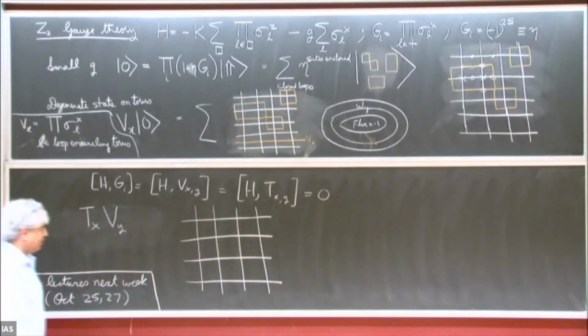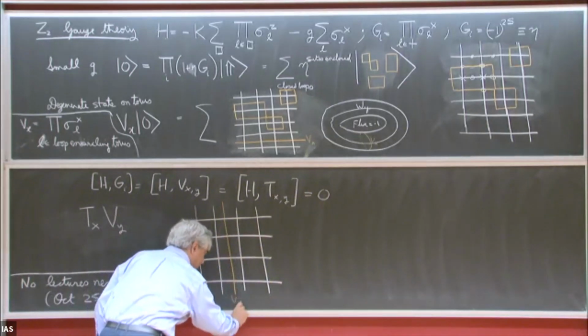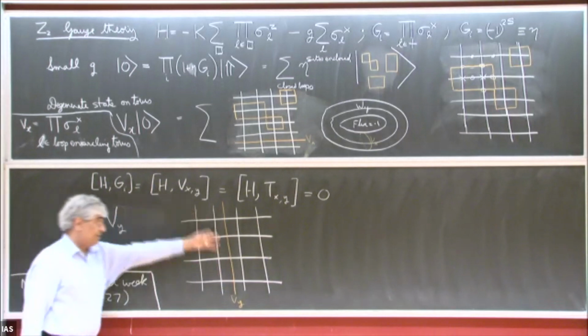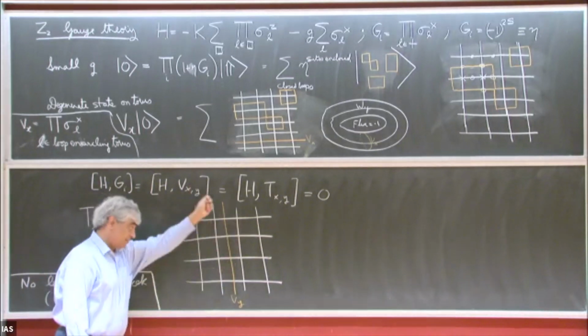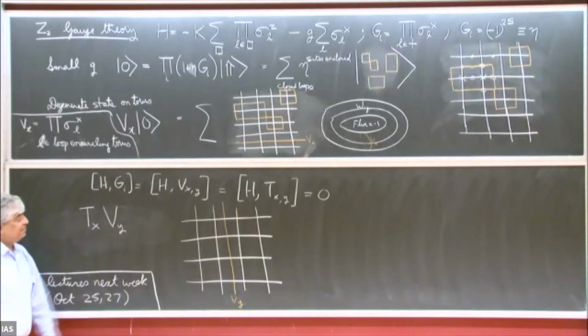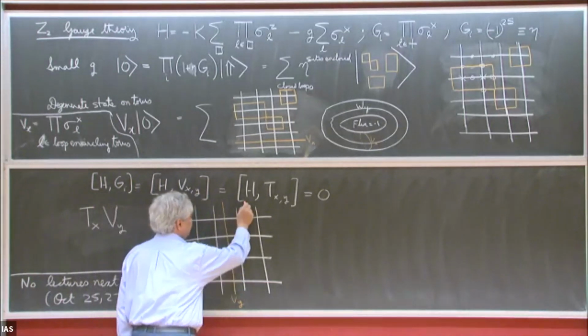And let me just take a straight line. This is my Vy. And I'm going to translate it. So this is the state I'm considering. There's some state, and I hit the operator Vy, and then I'm going to translate it in the x direction. Okay, so if I translate it over, it's going to come here.